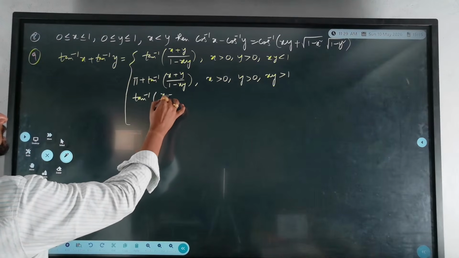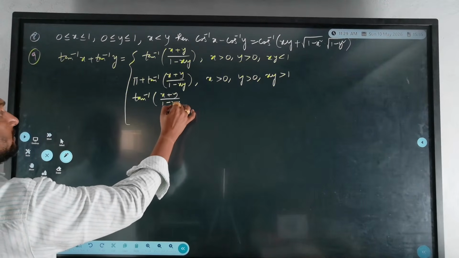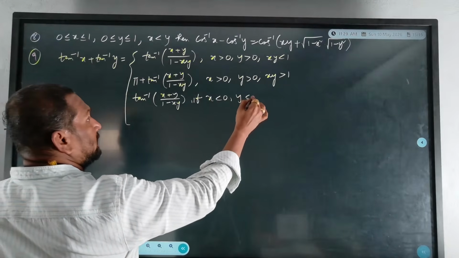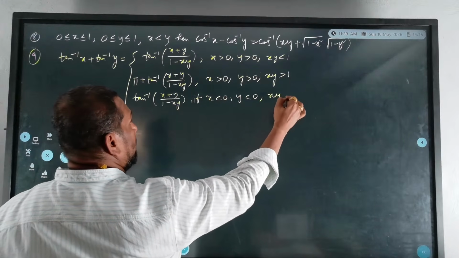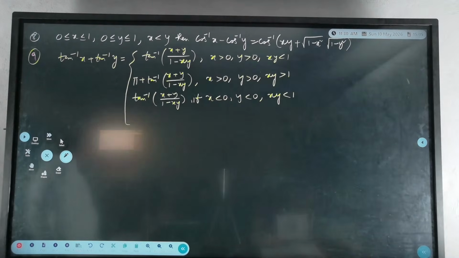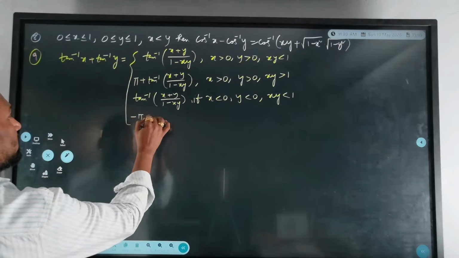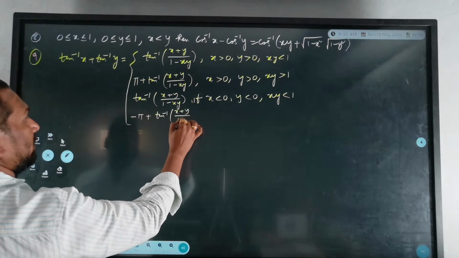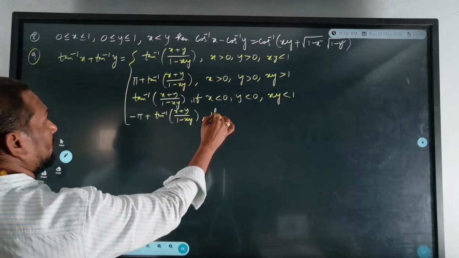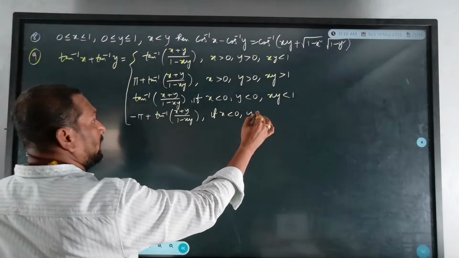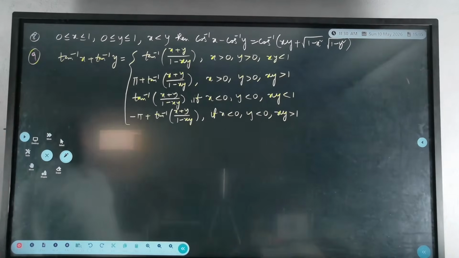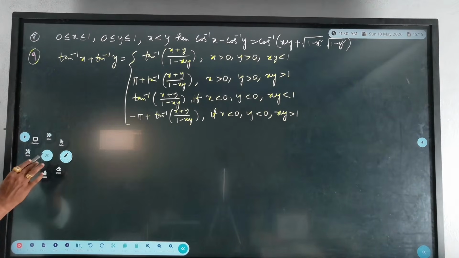Tan inverse of x plus y by 1 minus xy if x less than 0, y less than 0, xy less than 1. Minus pi plus tan inverse of x plus y by 1 minus xy if x less than 0, y less than 0, xy greater than 1. So here 4 cases.